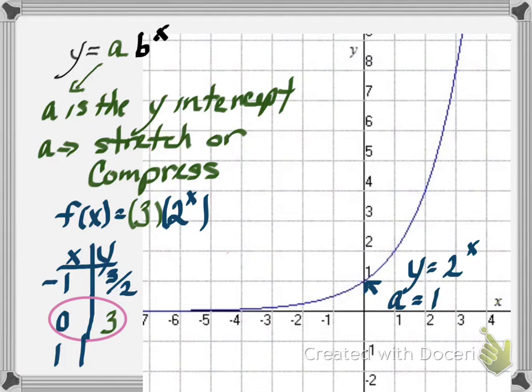Well, now it would be 3 times 2, which would be 6. So I'm plotting these points as best I can. Remember, all of our functions and transformations that we do are approximate graphs. We are choosing identifiable points. Drawing the line through them, we can see what happened. The value of the y-intercept moved up, and it also is a stretch.